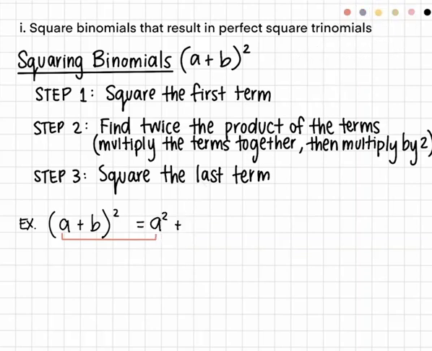So I have to take both of these terms. Maybe I'll draw an arrow here instead. Both of these terms, multiply them. So what's a times b? A times b is going to give me ab, and then I have to multiply that by 2, so I'm going to get 2ab.